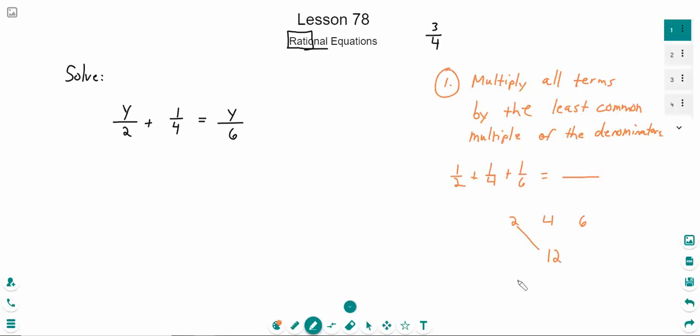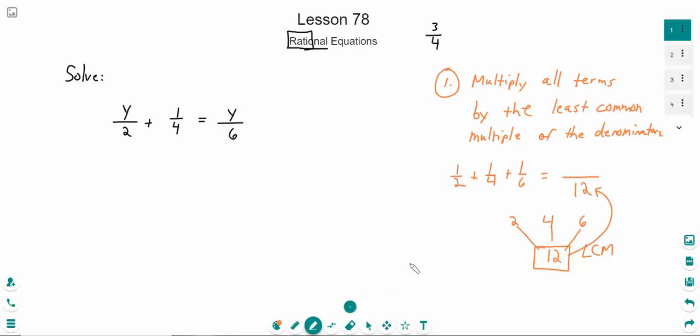2 can go into a 12, 4 can go into a 12, and 6 can go into a 12. And in fact, that's the smallest number, the smallest multiple that all three of these numbers can go into. So this would be our least common multiple, our LCM, if you will. And that is what we would use as our common denominator, right?